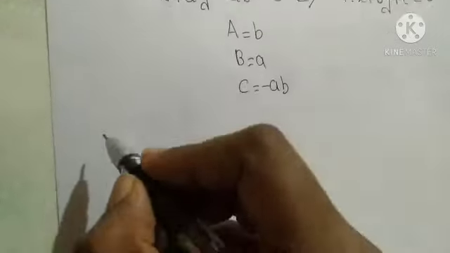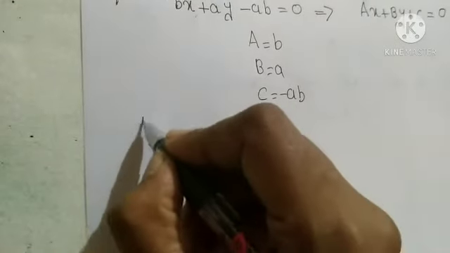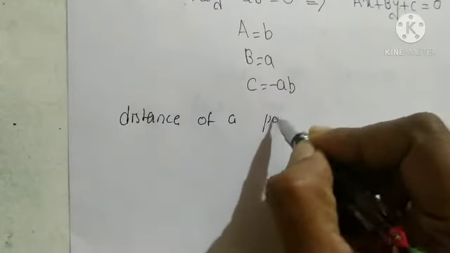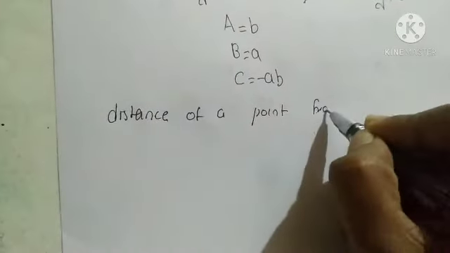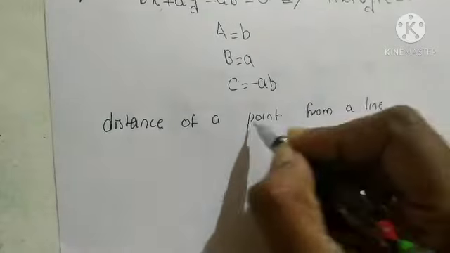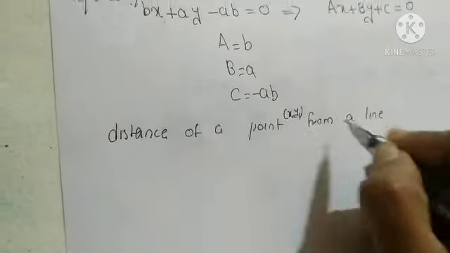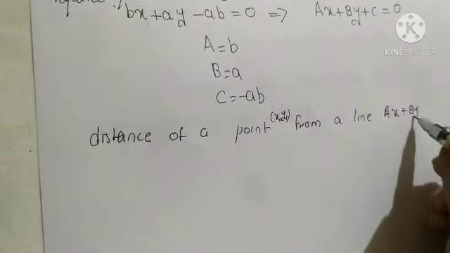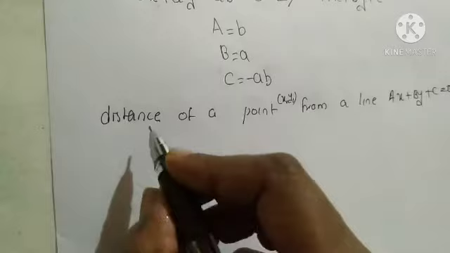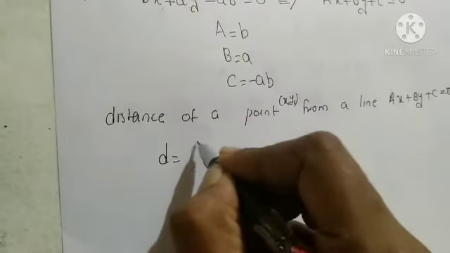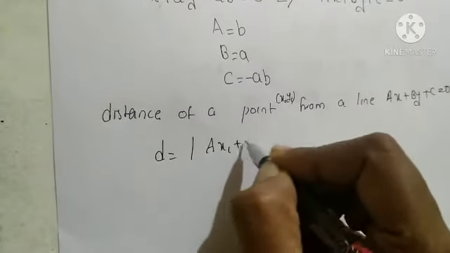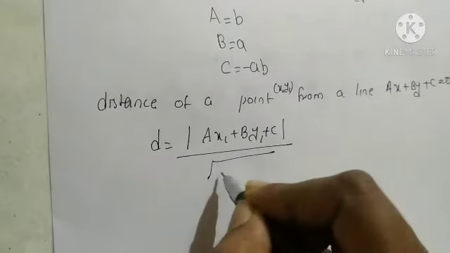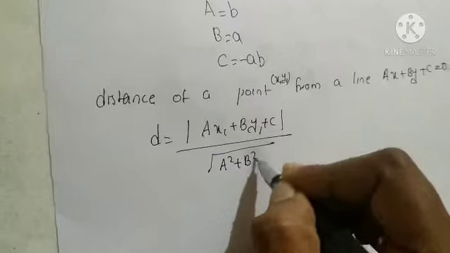And we know that the distance of a point x1 y1 from a line ax plus by plus c equal to 0 can be found by mod a x1 plus b y1 plus c whole divided by root of a square plus b square.